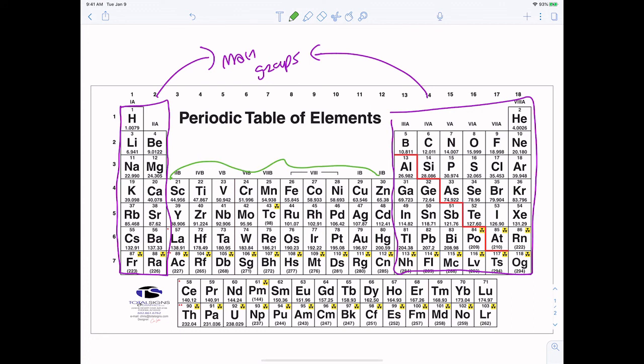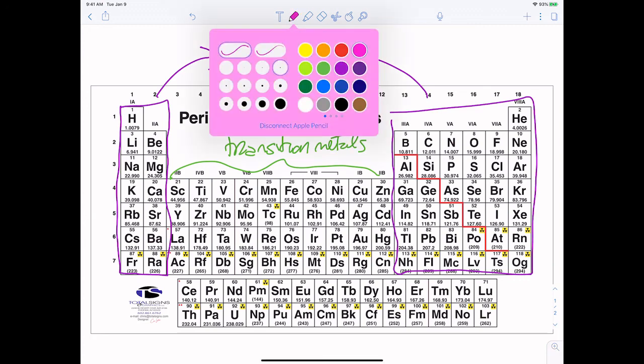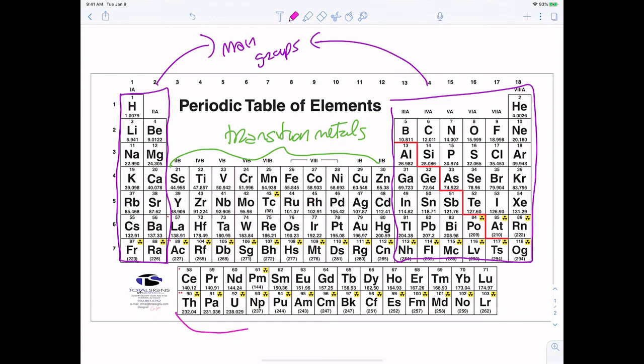The B block are my transition metals. And then these ones down here are my inner transition metals. I remember that because they fit inner the transition metals.